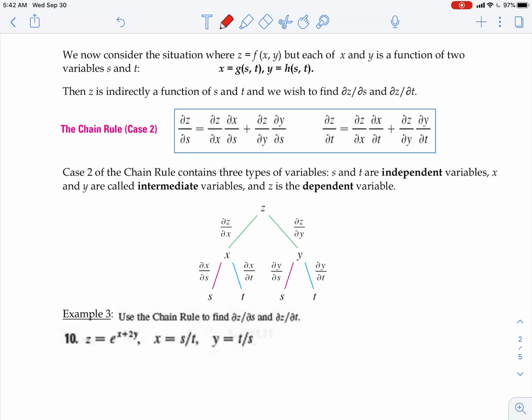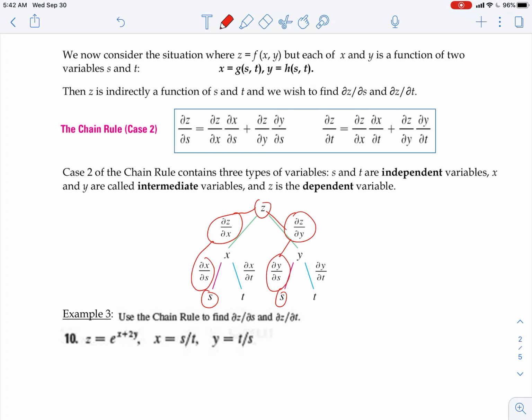So here's a tree diagram. What a tree diagram does is it allows us to write all of our variables. So here we have z, x, y, and then s, t and s, t. So z leads to x and y, and x leads to s and t, and y leads to s and t. If I want to get to s, I'm just going to follow the path from z. In doing so, that means that I have partial z with respect to x, and partial x with respect to s.